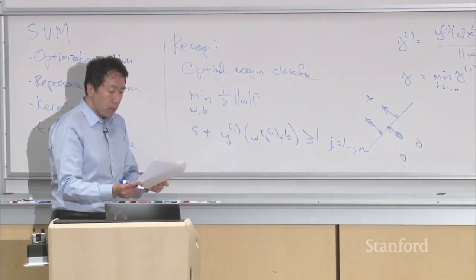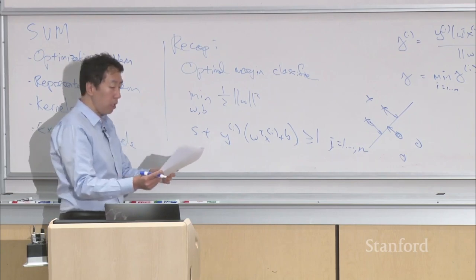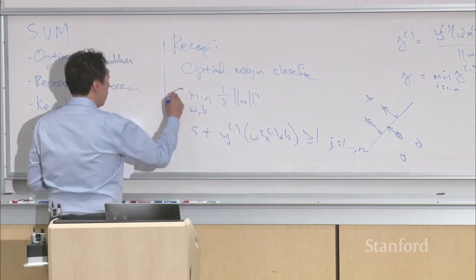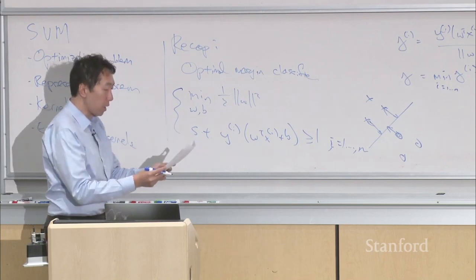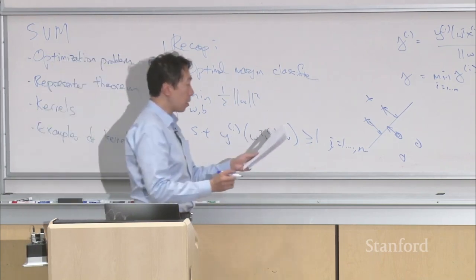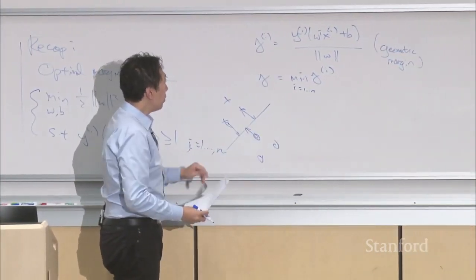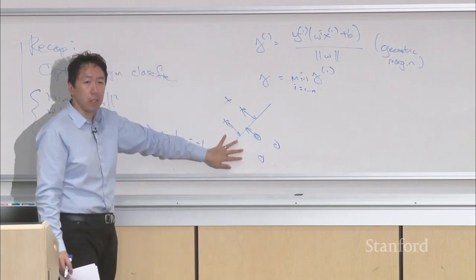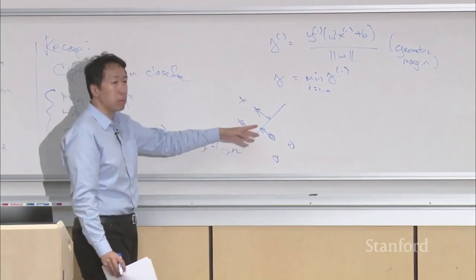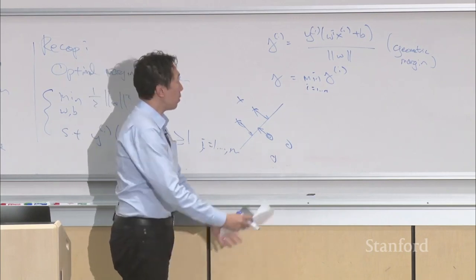One thing I didn't have time to talk about on Wednesday was the derivation of this classification problem. So where does this optimization objective come from? Let me go over that very briefly. The way I motivated these definitions was that given a training set, you want to find the decision boundary parameterized by W and B that maximizes the geometric margin, right?